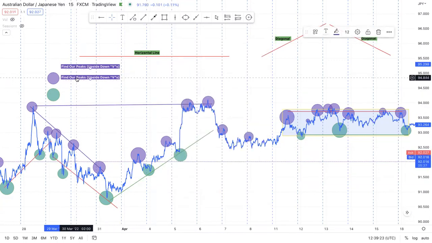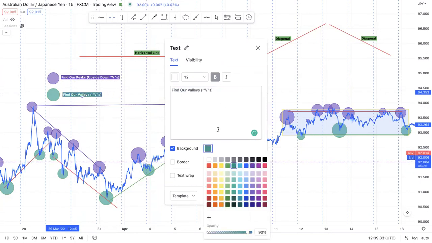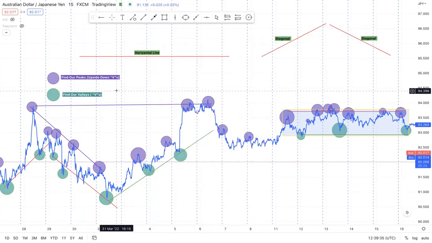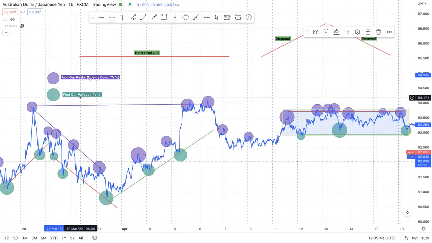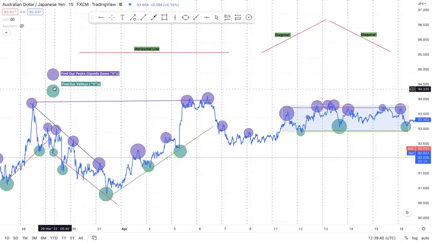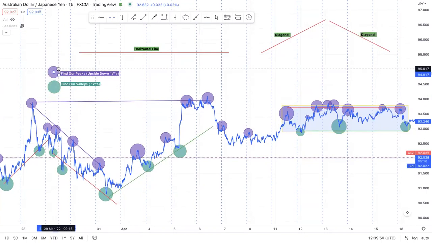So first we're going to find our peaks. And then next, we find our valleys, which is really just V's. Well, first we've got to connect our circles with a line, with a horizontal line or vertical line.